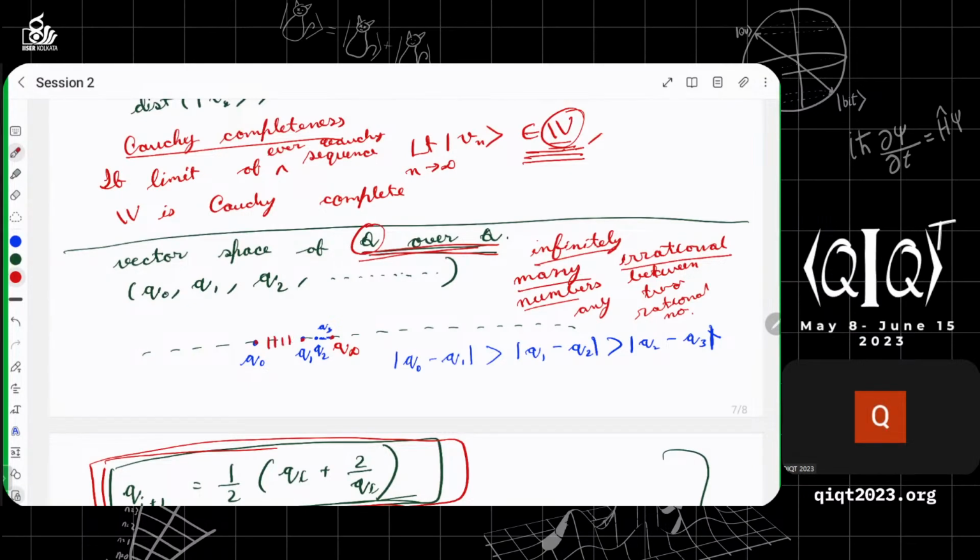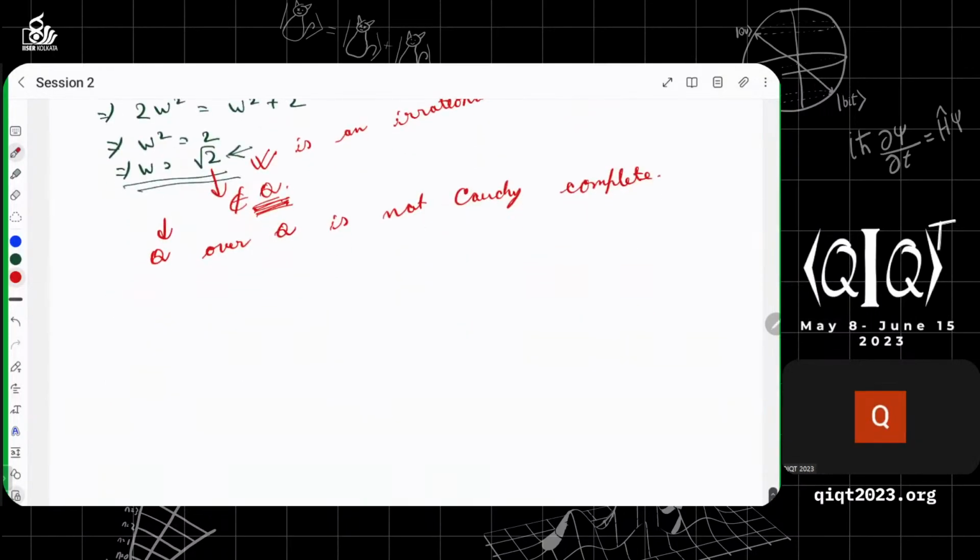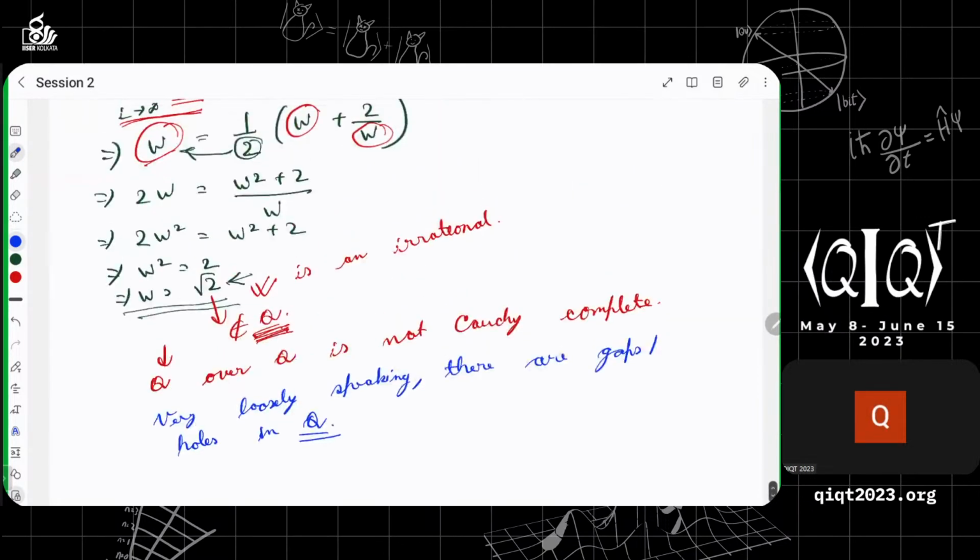So very loosely speaking, we can say that there are gaps or holes in the set of rational numbers, and that is why it was not Cauchy complete.